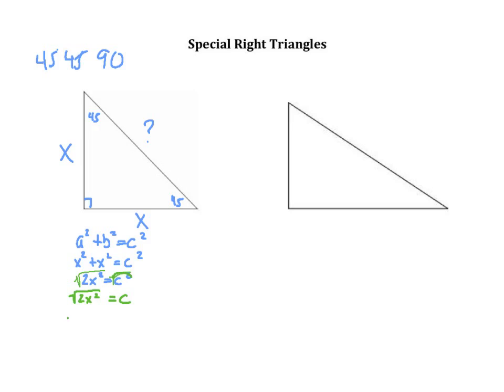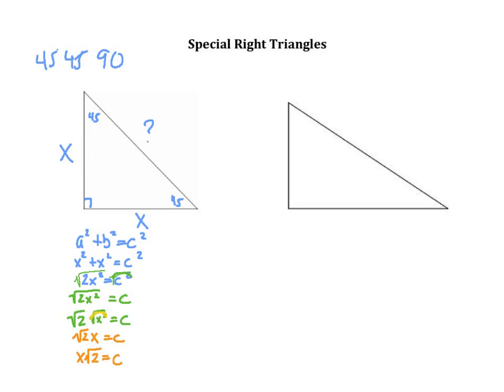That can be simplified as square root of 2 times the square root of x squared equals c. Now, like what happened before, the square root and the square cancel out, so I'm going to be left with x square root of 2. And to write that correctly, I'm going to put the variable first, so x square root of 2 equals c.